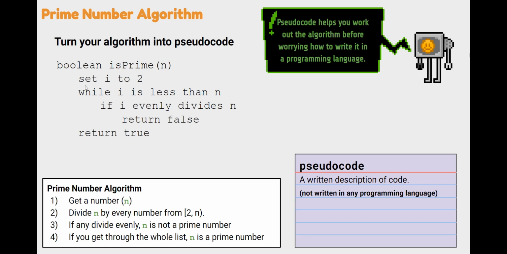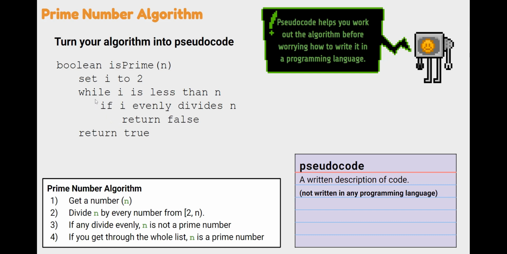The first thing that we are going to do inside of our algorithm is we are going to create an iterator variable called I, and we're going to set that to 2 because we want to start dividing by 2. We're going to loop while I is less than n because we want to go up to but not include n. So looping while we are less than n will cover that. And then if I ever evenly divides into n, then we can return false because this is not a prime number.